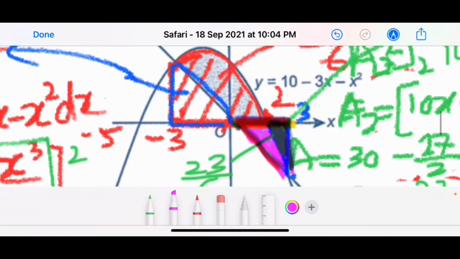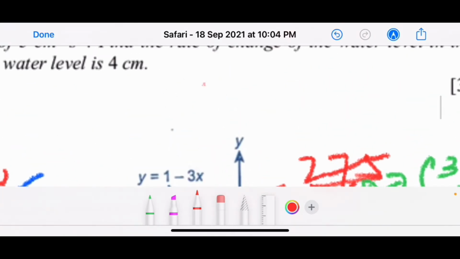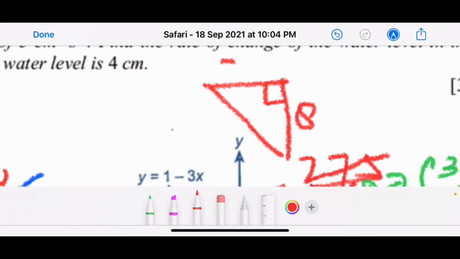The triangle now, see, this is 1 over 3. This is 3, right? So this part, the height is negative 8, but we consider 8. So the triangle looks like this. This one is 8. This one is 3 minus 1/3, which is the base.